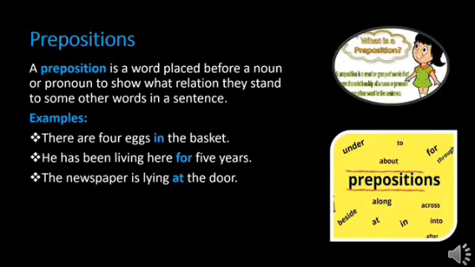So, for is the preposition. For tells us how many years the person was living: for 5 years. The newspaper is lying at the door. At is a preposition. Where is it lying? At the door.